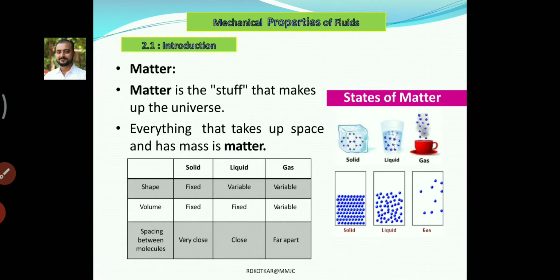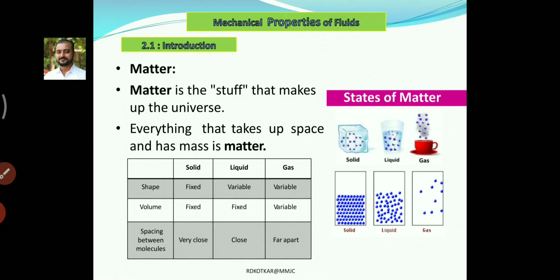Solids have a fixed shape, while liquids and gases have variable shapes. Always remember the volume of a solid is also fixed, as well as for a liquid, but gases have a different volume, or the volume is variable.